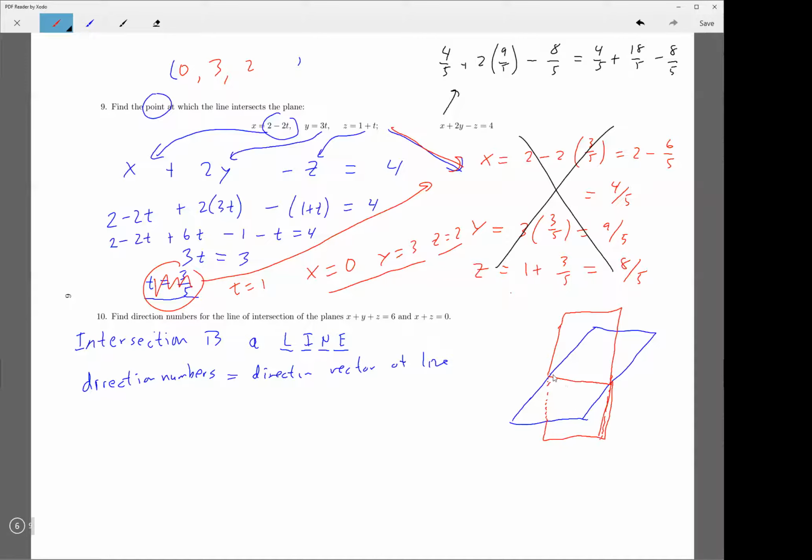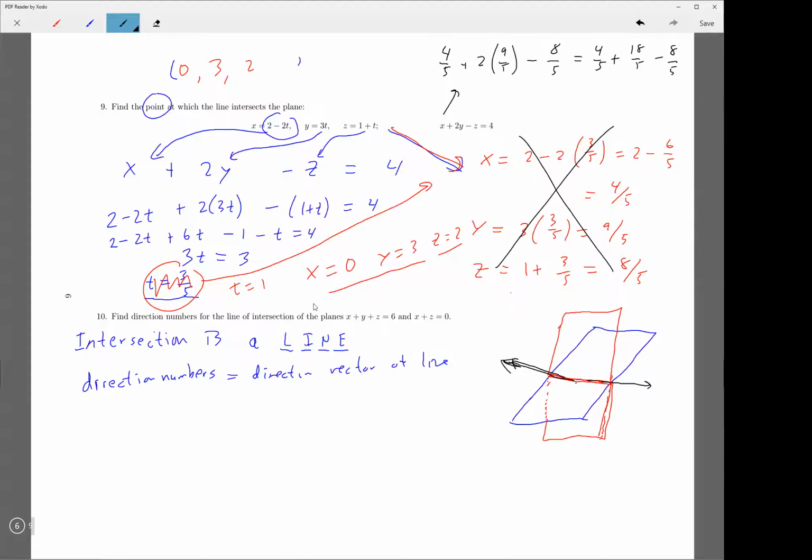So if I have two planes, they intersect right here. What I'm looking for is this vector here, or it could be that vector there, either one. So the one that goes in the direction of the line of intersection. That's what I'm looking for.